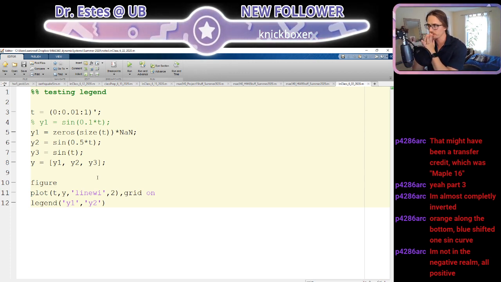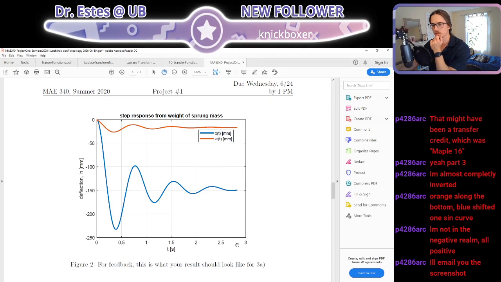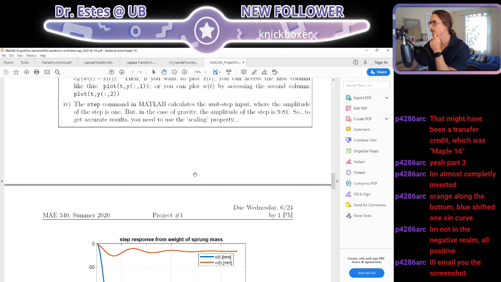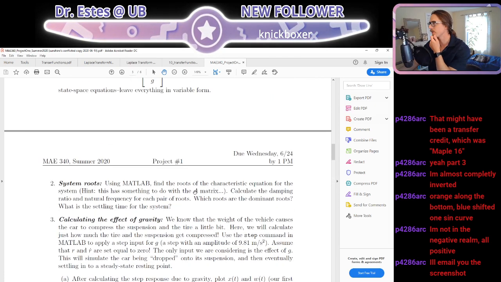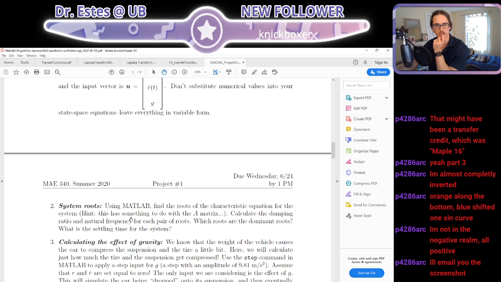Okay, can you do something for me? Check the eigenvalues. Okay, yeah, email me a screenshot, but check the eigenvalues of your A matrix. Are all your roots stable?